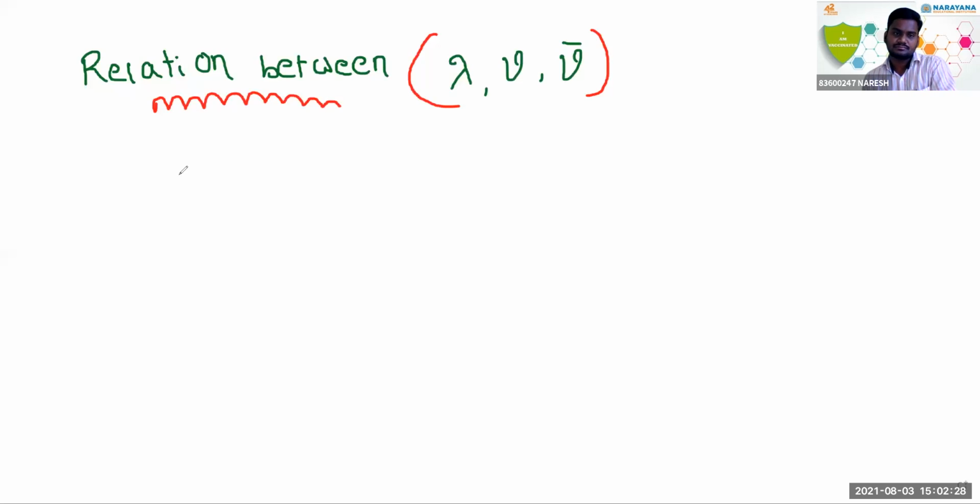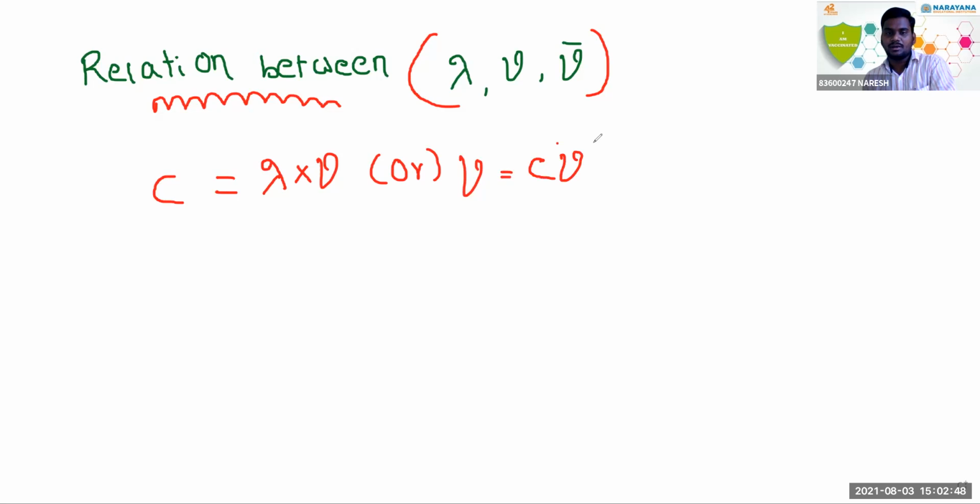C is equal to lambda into nu, or you can write nu is equal to c nu bar.